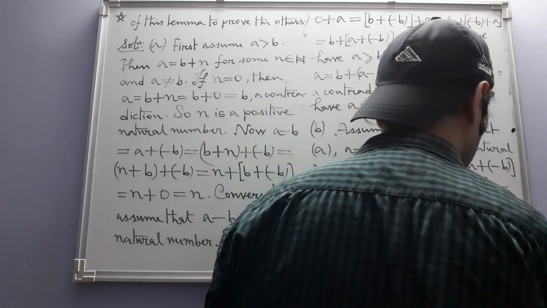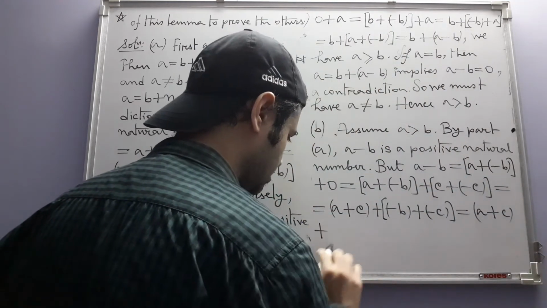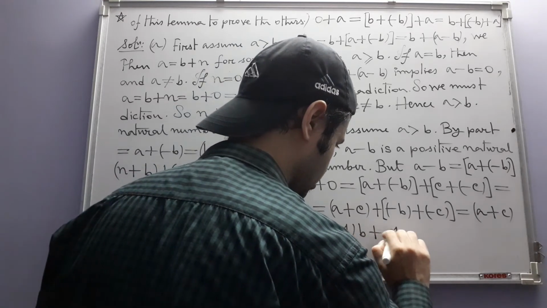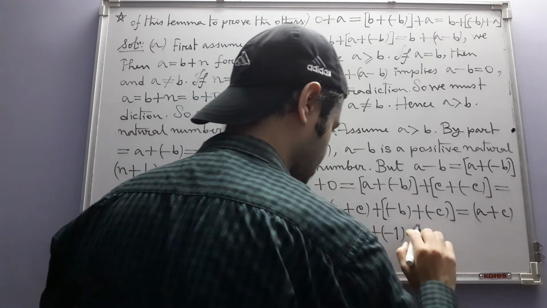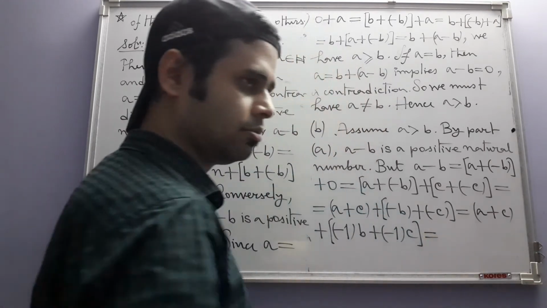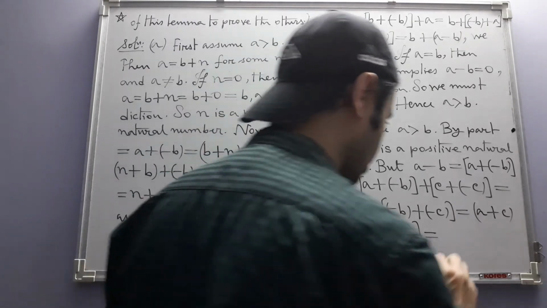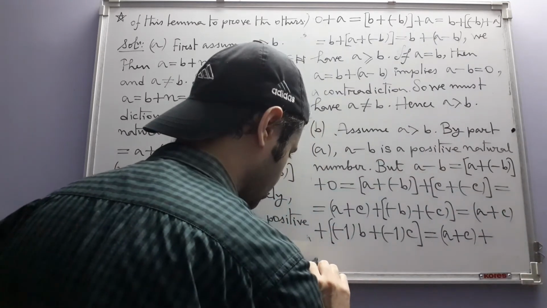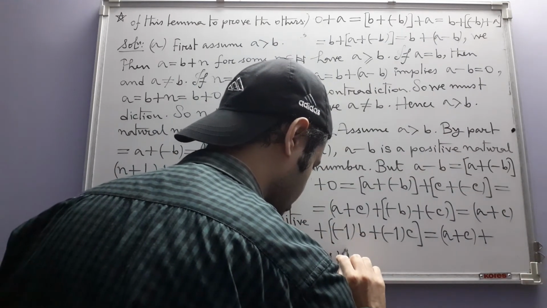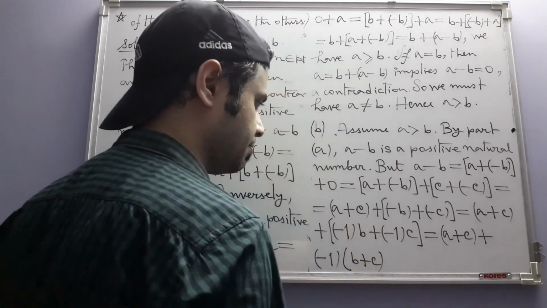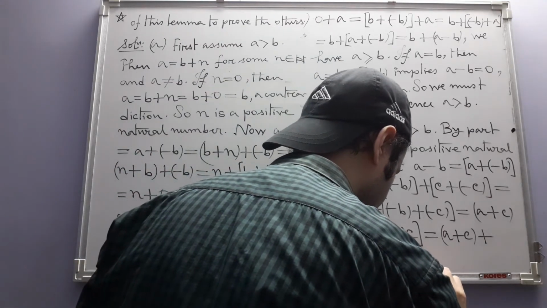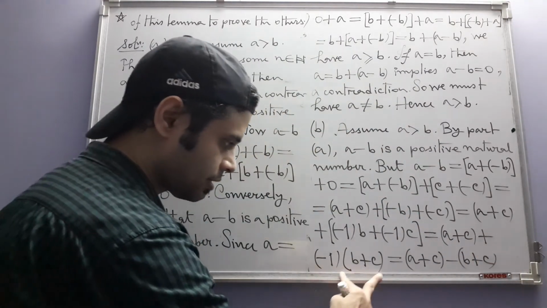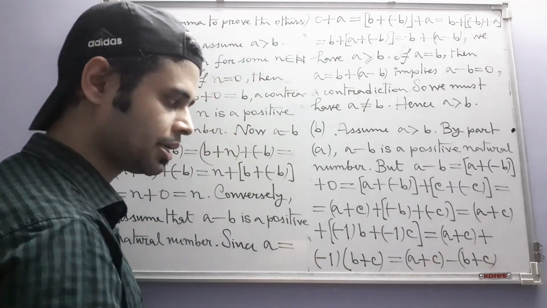Okay, so this thing becomes a plus c plus, we are using exercise 3 again. And then we use distributive law, left distributive law. A plus c plus minus 1 times b plus c. This can then be written as a plus c minus b plus c. Here, in place of minus 1 times b plus c, we have written minus b plus c.